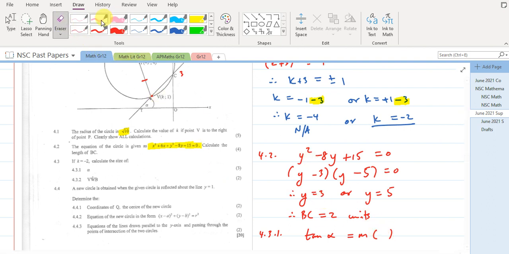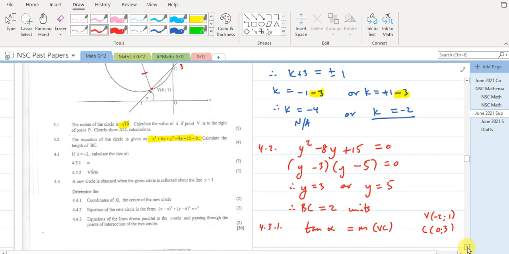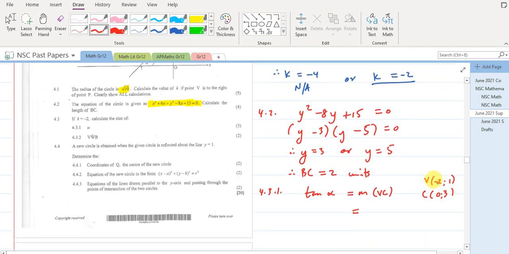So V is (-2, 1), and C is (0, 3). Now if we solve the gradient, it is y2 minus y1, 3 minus 1, over 0 minus (-2).